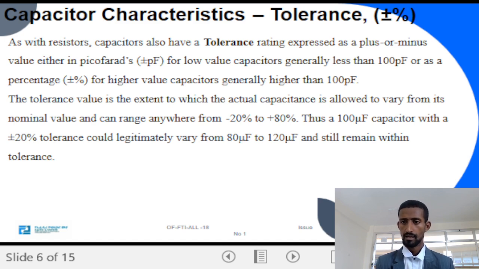That means if it is 100 plus 20, it will be 120, and if it is 100 minus 20, it will be 80 microfarad. So you should observe, while you are selecting your capacitor for your circuit design, the main characteristic, that is the tolerance of your capacitor.